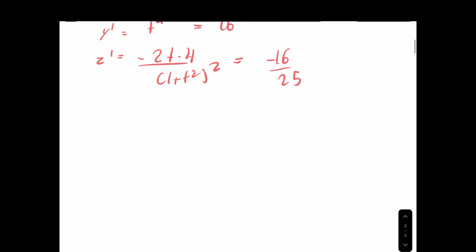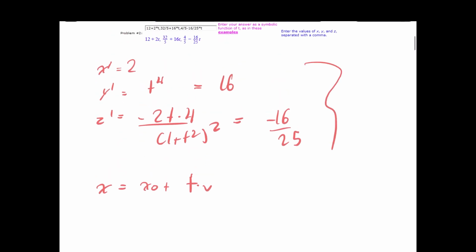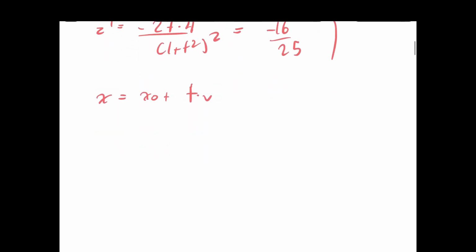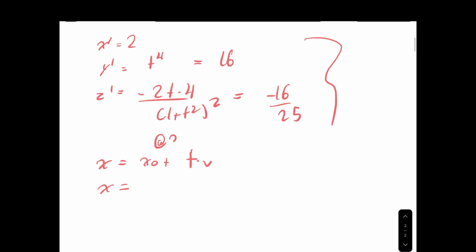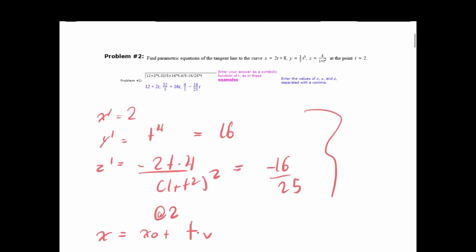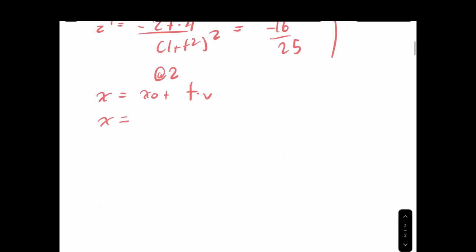Now, each equation will be represented as x equals x naught plus t times the direction vector, and these are all our direction vectors. And so we're just going to sub them in. So we're going to have x equals x naught at 2 as well. So x naught at 2 is just 4 plus 8, which is 12, plus 2 times t.